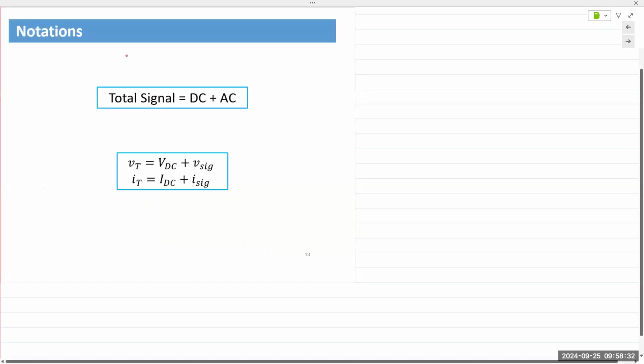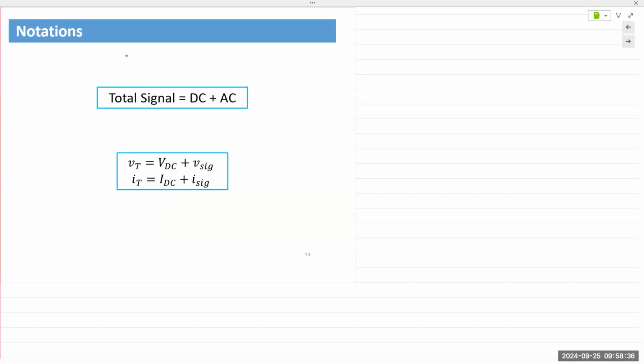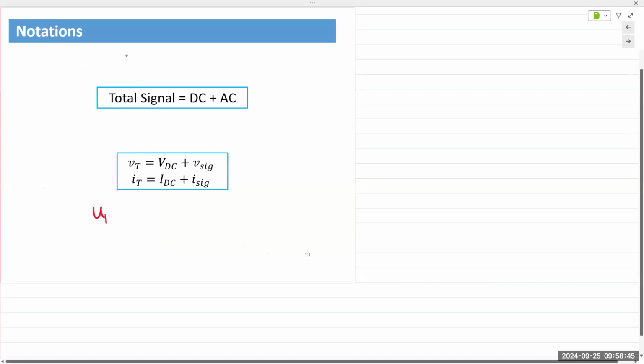And then the notations we use for our class, and these are pretty standard. Maybe you learned about this, maybe not, but we'll do a refresher anyway. We use lowercase quantities with uppercase subscripts.